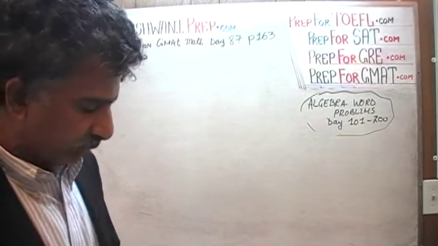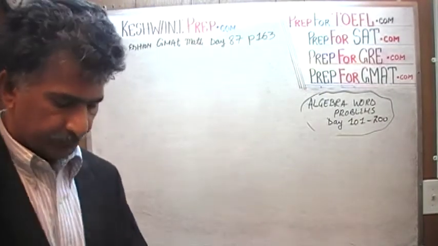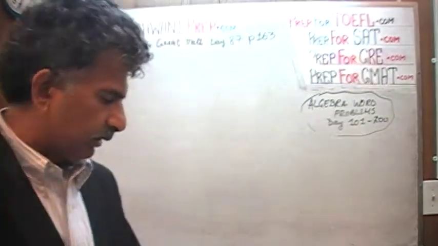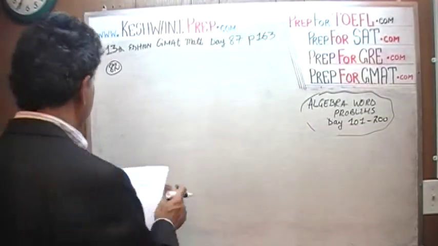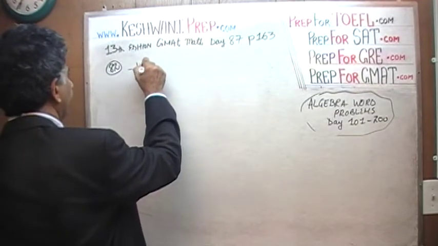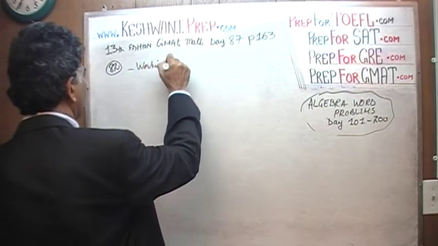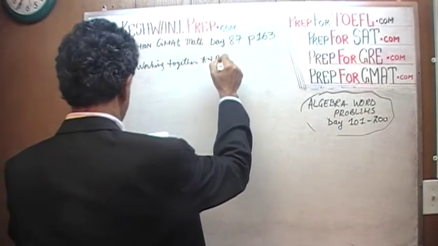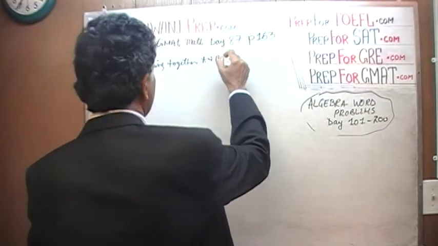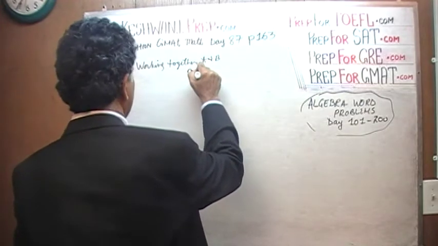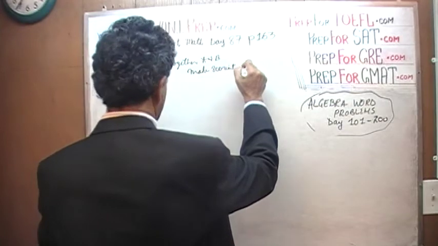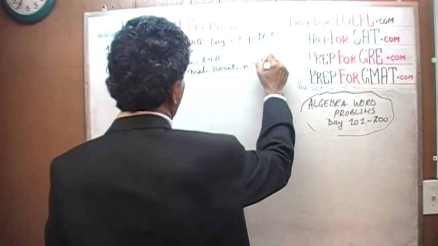81 is not going to be such a smooth ride, I'm warning you. In 81, we are told that we have two machines working together. Working together, A and B make 800 units in X hours.